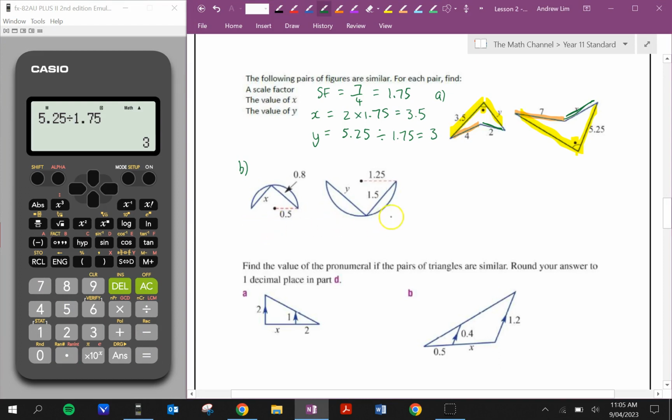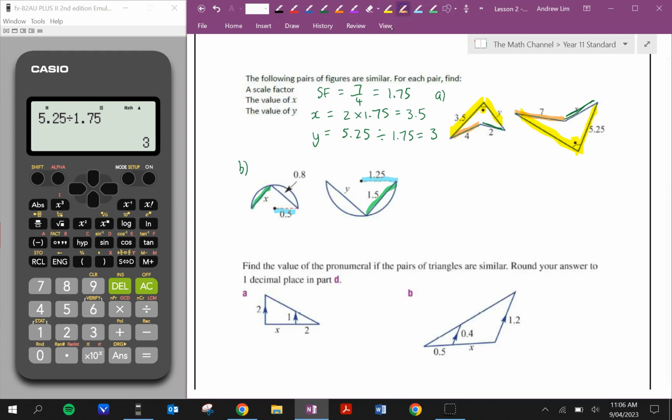For question B here, we can see that this radius, let's use a different color, this radius corresponds with that radius. We can see that this x is shorter than this side. So the shorter one here is 1.5.